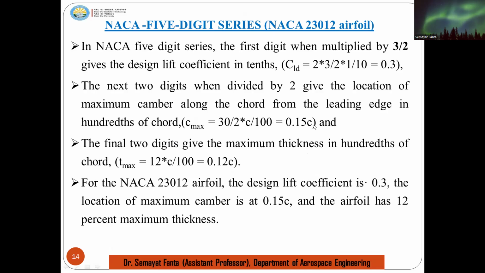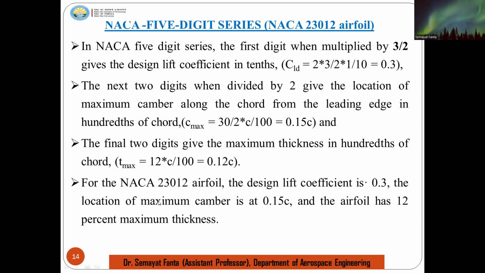So it is 0.15 C. The final 2 digits give the maximum thickness in hundredths. So 12 times C over 100, therefore it is 0.12 C. That is the maximum thickness.